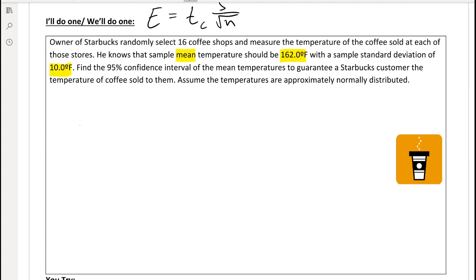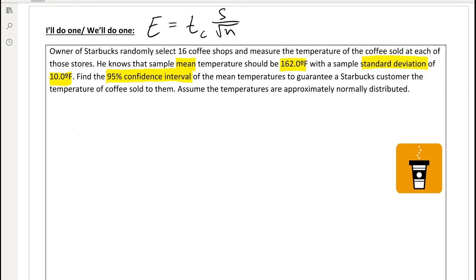All right, so we got the mean here and we got the standard deviation. Find the 95% confidence interval of the mean temperature to guarantee a Starbucks customer the temperature of coffee sold to them. Assume the temperatures are approximately normally distributed. Sounds like there's a lot going on here, right? But we're going to just take it piece by piece and we'll be able to figure this out.